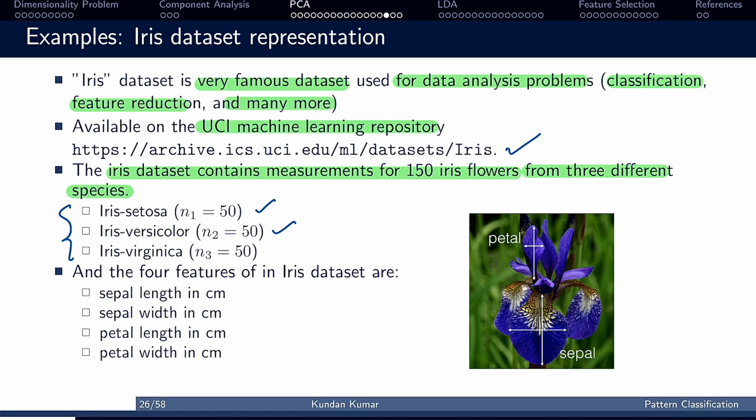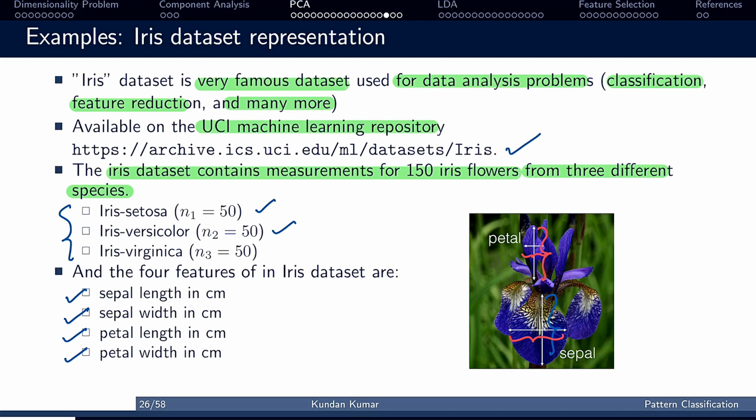So, what are the features considered to prepare the iris data set? That is basically the sepal length, sepal width, petal length and petal width. From this image it will be very clear. This is the sepal and this is the sepal length, this is the width, this is the petal length and this is the petal width. Okay.